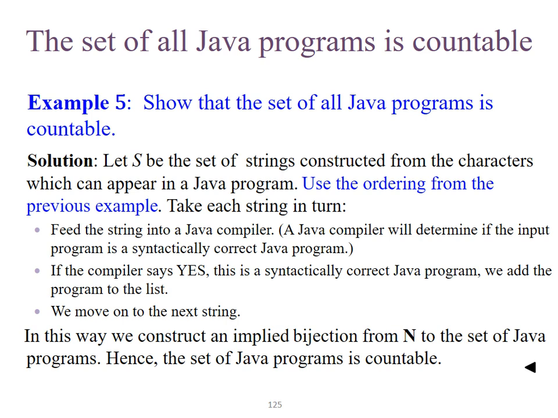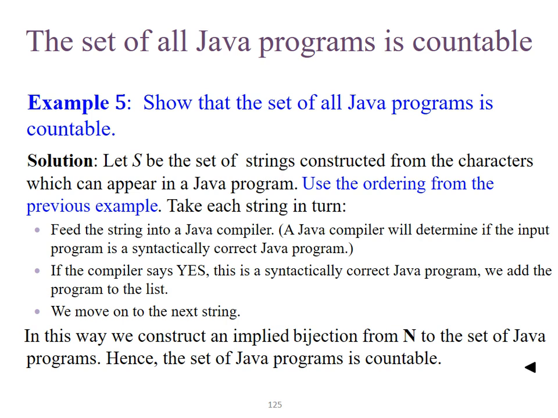So the first step, feed any string into a Java compiler to see if it is a correct Java program. You may have different combinations of strings. We can feed all strings into the Java compiler to see if it is a correct Java program.